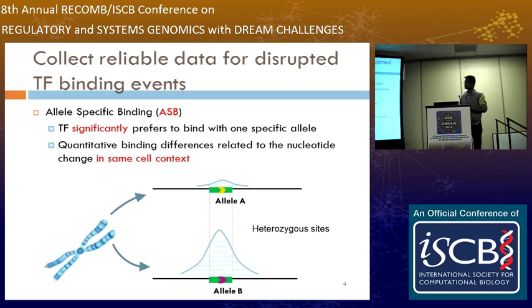And second, these 2 alleles are in the same cell context, so when we compare the nucleotide change, we are not biased by cell context differences.